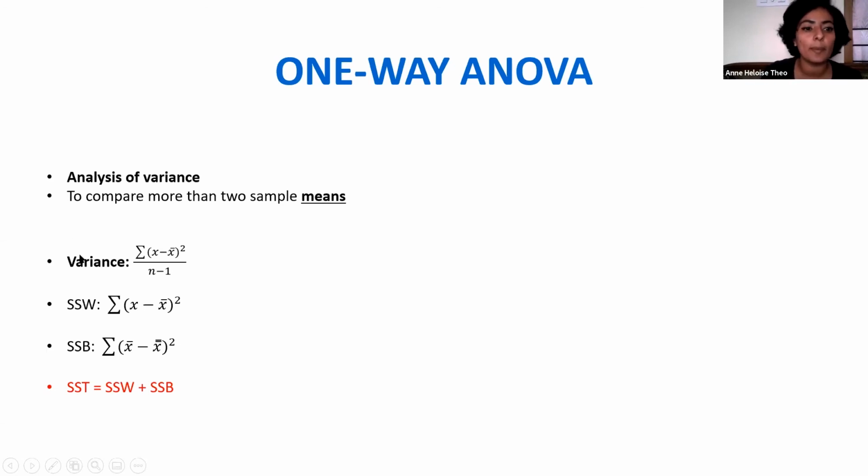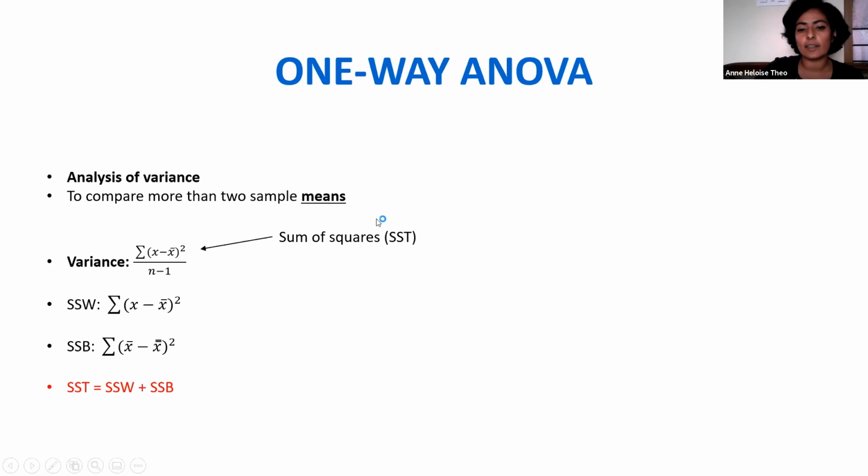If you remember, in the first class we covered variance, and how we calculate variance is by squaring the differences from the mean for each sample and then dividing by our degrees of freedom. Now, these deviations from the mean in the context of ANOVA are referred to as sum of squares, because basically what you're doing is adding up all the squared values of the deviations from the mean.